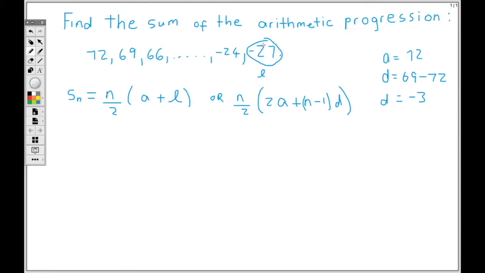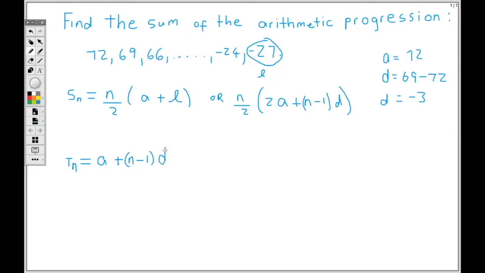So n will be found by using the last term, which is -27. So I'm going to use a term formula. The term formula for an AP, which is an arithmetic progression, is a plus n minus 1 d. From this, I'm going to substitute the information that I have.